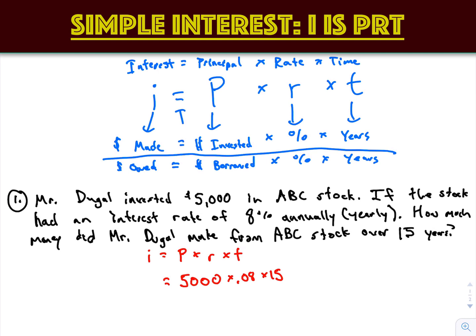So there we have it. It's just asking how much interest we make during that time. So we just do 5,000 times 0.08 times 15.